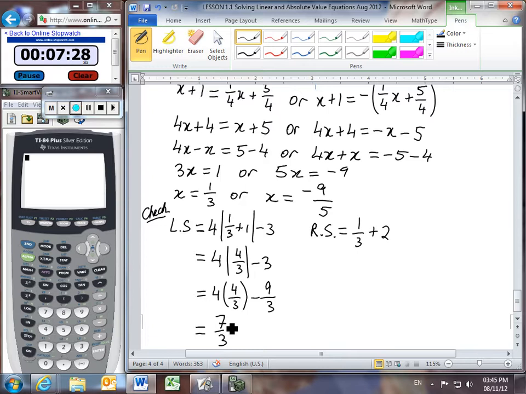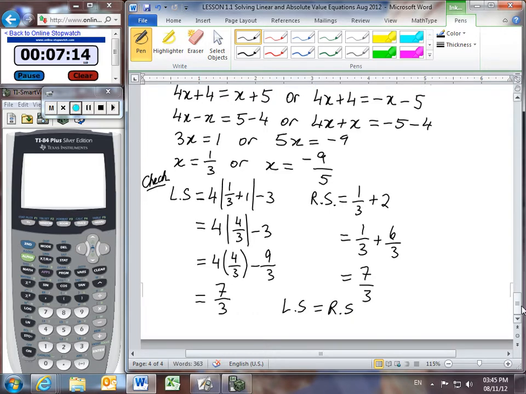On my right-hand side, let's get a common denominator. 1/3 and 2 is like 6/3, and that gives me an answer of 7/3. We can see that the left-hand side is equal to the right-hand side, and thus that is sufficient for us to conclude that x equals 1/3 is a valid solution, and we can keep it.